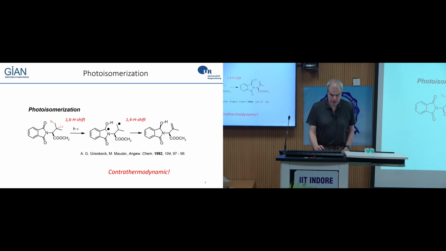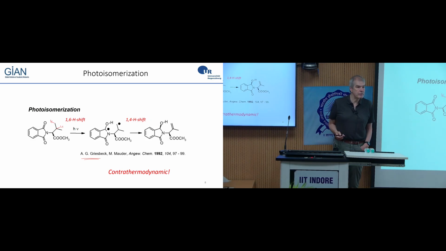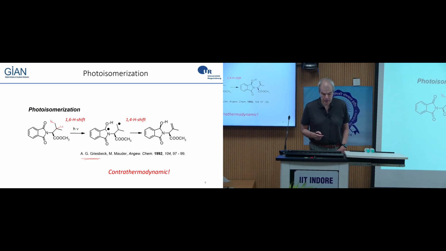is preferred, but if you have a situation where the 1,5 shift might come from a sterically hindered position, then the 1,6 shift might also be feasible. This is a very interesting example shown by Axel Griesbeck, who is a very famous, well-known photochemist in Germany. He has been able to show this example, where instead of the 1,5 shift, the 1,6 shift, which goes through a 7-member transition state, occurs.